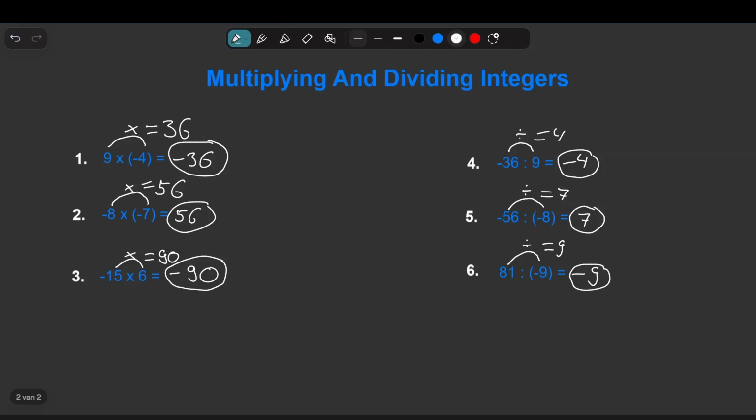So let's recap. Let's review what we learned today. If the signs are the same, your answer is going to be positive. So, the same sign equals positive. If the signs are different, your answer is going to be negative.